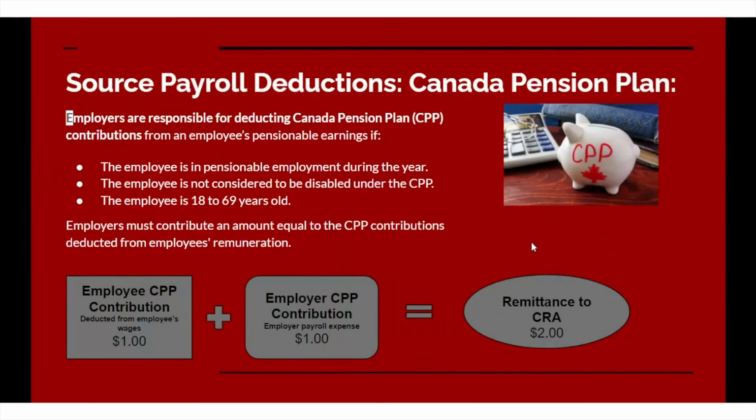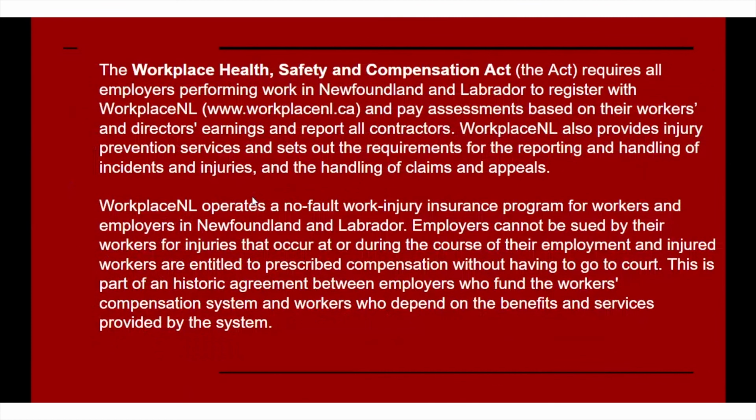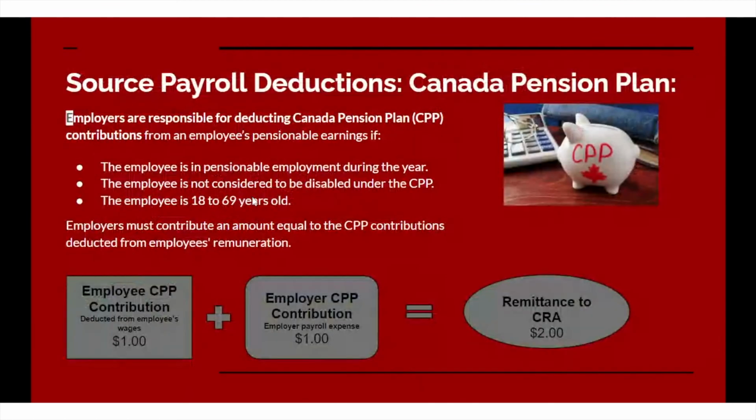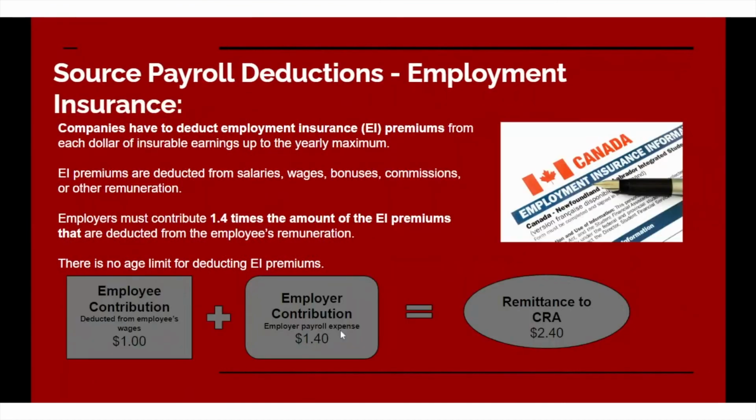So effectively then, as an employer, as a small business person who starts up a business, you have to concern yourself with these source deductions. You need to know that you have to pay towards Canada Pension Plan. You have to calculate the income tax. You don't have to pay anything towards it because the employee pays 100% of that.